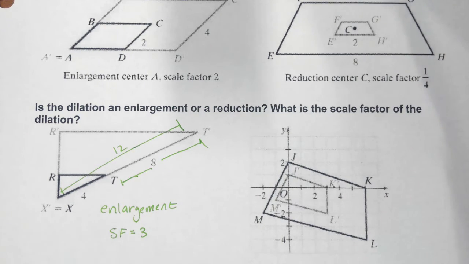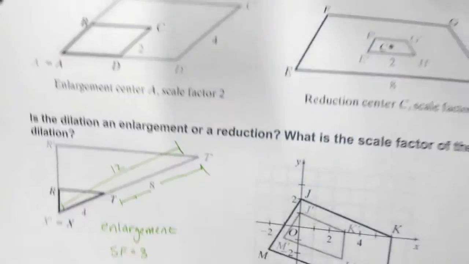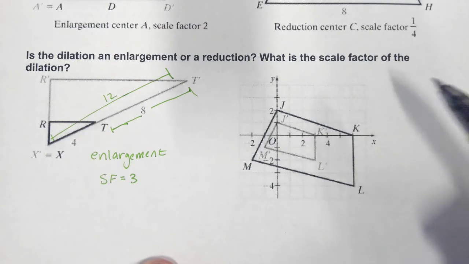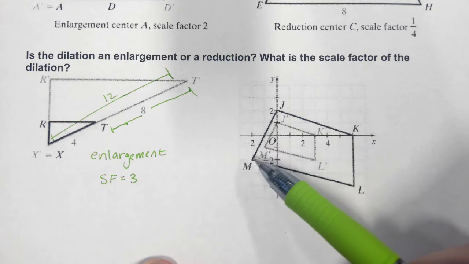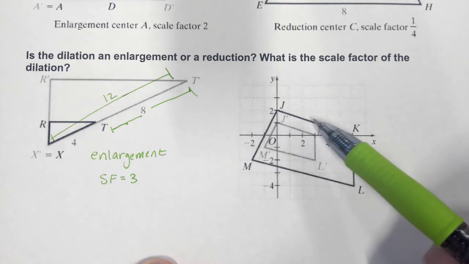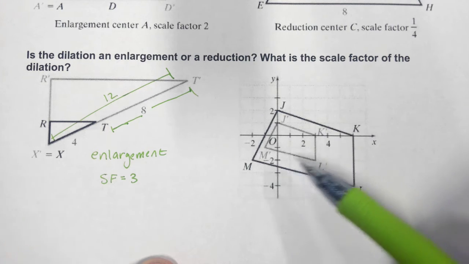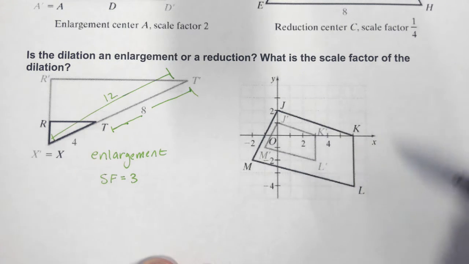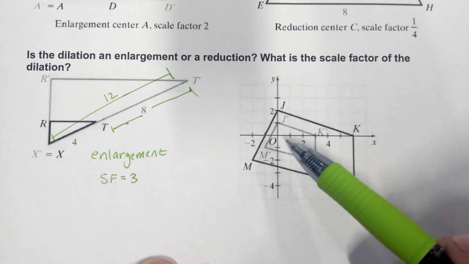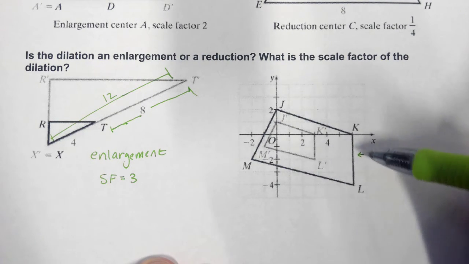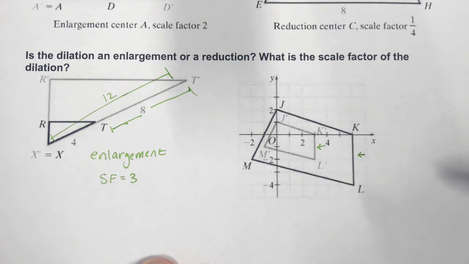Sometimes you'll be given a graph, which can pose a little bit of a harder problem. You might have to do the distance formula if all of the sides are diagonal or some kind of slant, unless you notice KL and K prime L prime.